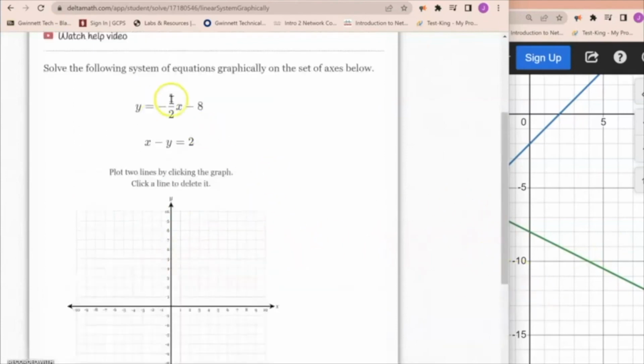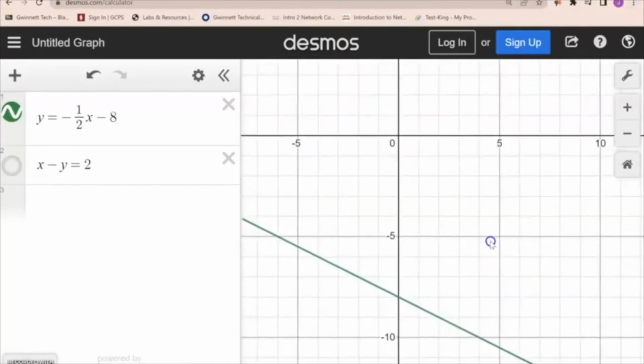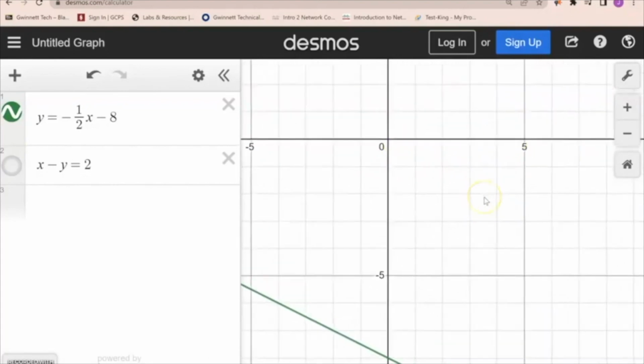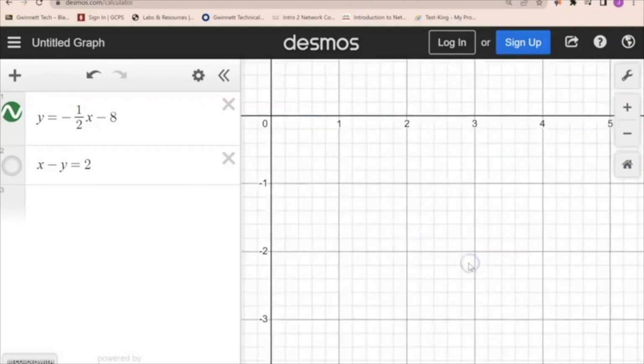So my first line, negative 1/2, is what color? Green, right? I'm going to hide the blue one just so I don't get confused. Okay, we agreed in class how we should see these boxes. You can see them as little boxes. So 1, 2, 3, 4, 5. Or you can zoom in until you see 1, 2, 3. There you go. And these are the boxes.